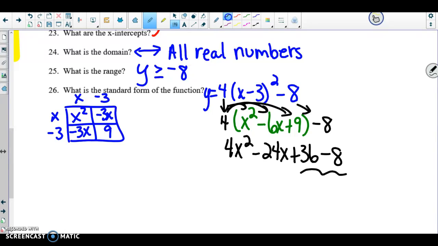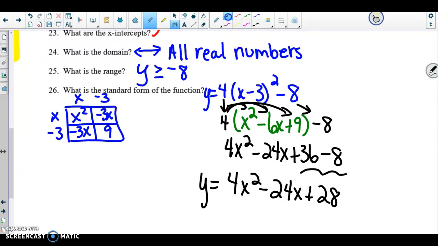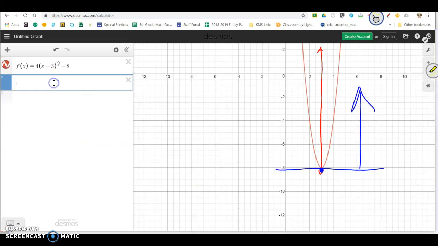So I can put those together and end up with 4x squared minus 24x plus 28. And remember, this is all y equals. So my answer should end up being that right there in standard form. And you know what? I'm going to graph it just to make sure that I've done it correct. So 4x squared minus 24x plus 28.